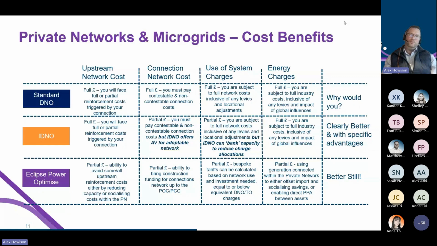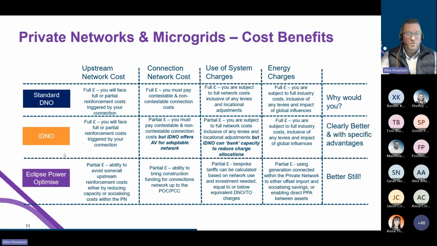At least through both the IDNO space and more importantly the private network space, there is ability to avoid some of those costs, or to recover some of the value for the assets that you as the connection are fitting to the networks. So ultimately, I do feel that private networks and microgrids give you the best option when it comes to your cost benefit analysis in connecting to the networks.